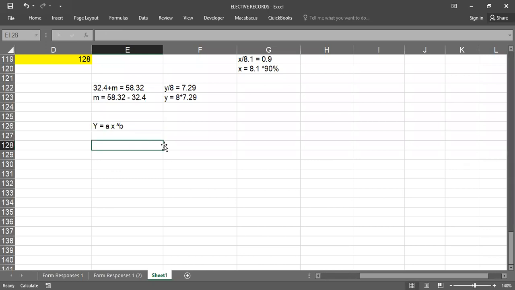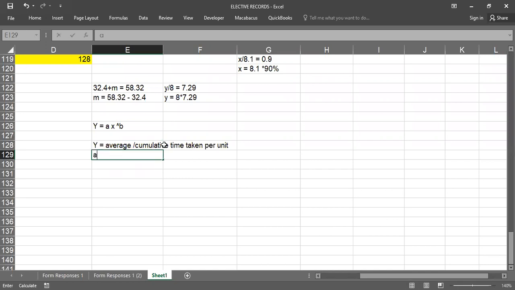You must know the variables: Y refers to what we saw there as the average cumulative time taken per unit. That is your Y value.